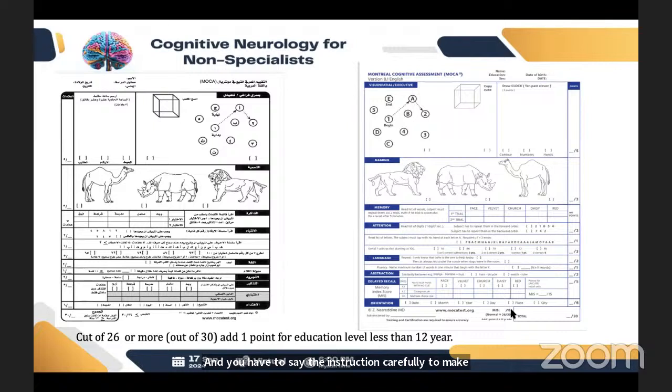So for the first part, which is assessing the executive function, the first task is called the Trail Making Test. So you will tell the patient, I'm going to do a screening test with you, and I would like you to listen to me carefully and follow the instructions. And you will point at number 1, which is the beginning.